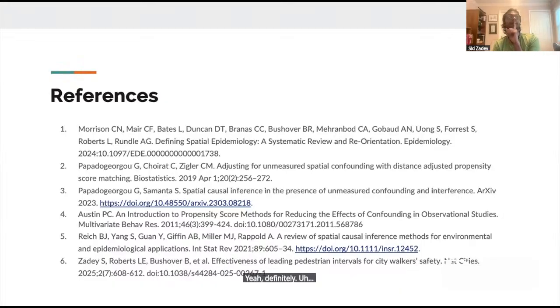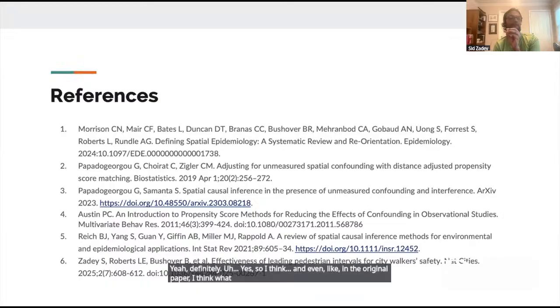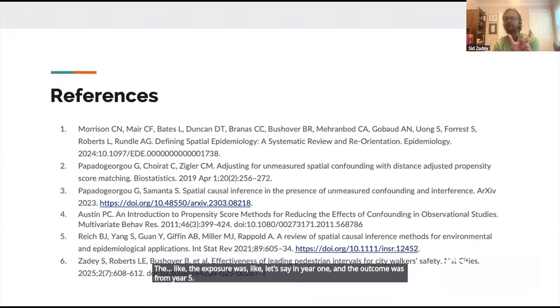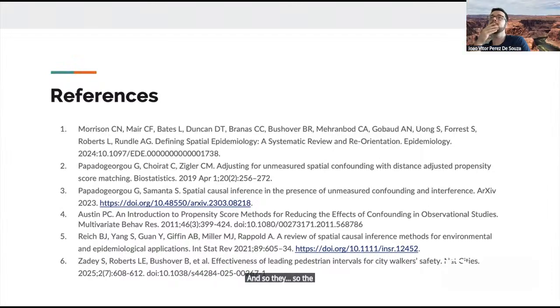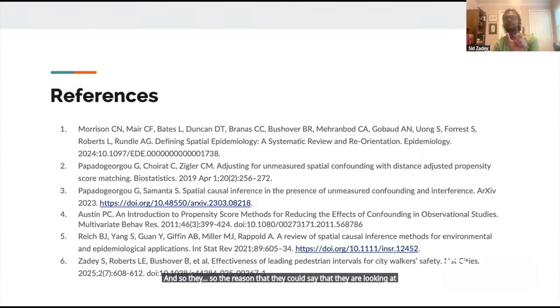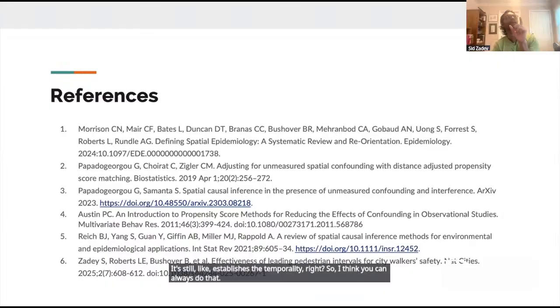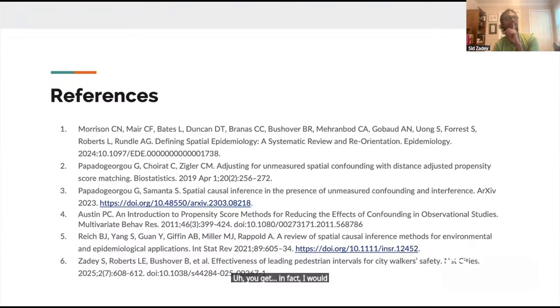Yes. Even in the original paper, I think what they did was that the exposure was, let's say, in year one, and the outcome was from year five. The reason that they could say that they are looking at a causal effect is because it still establishes the temporality, right? So I think you can always do that. In fact, as a sensitivity analysis, you can also do that.